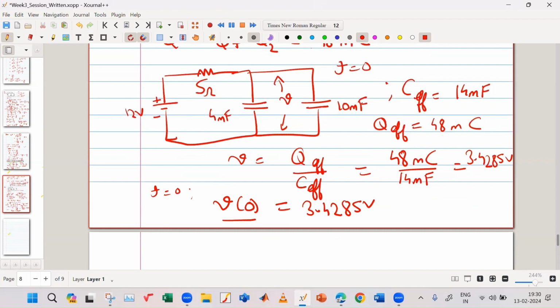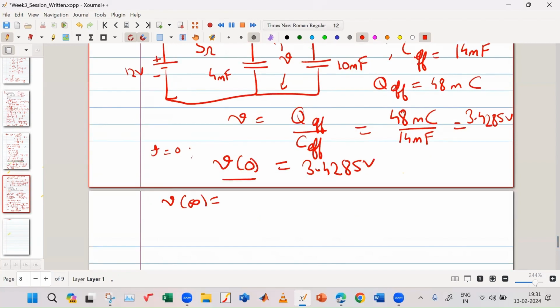Capacitors act as open circuit. So if it acts as an open circuit, what will be the voltage across it? It acts as an open circuit, so 12 volt. Let me just explain.